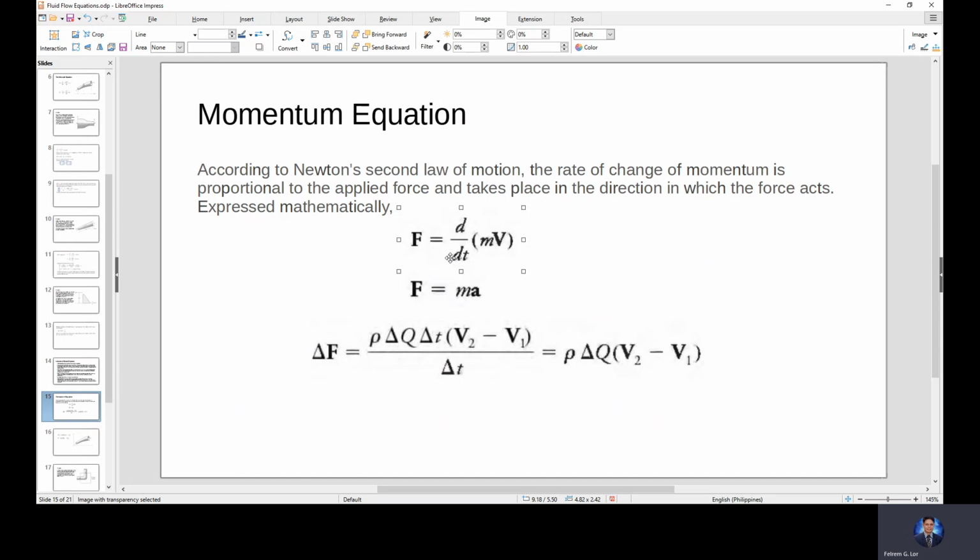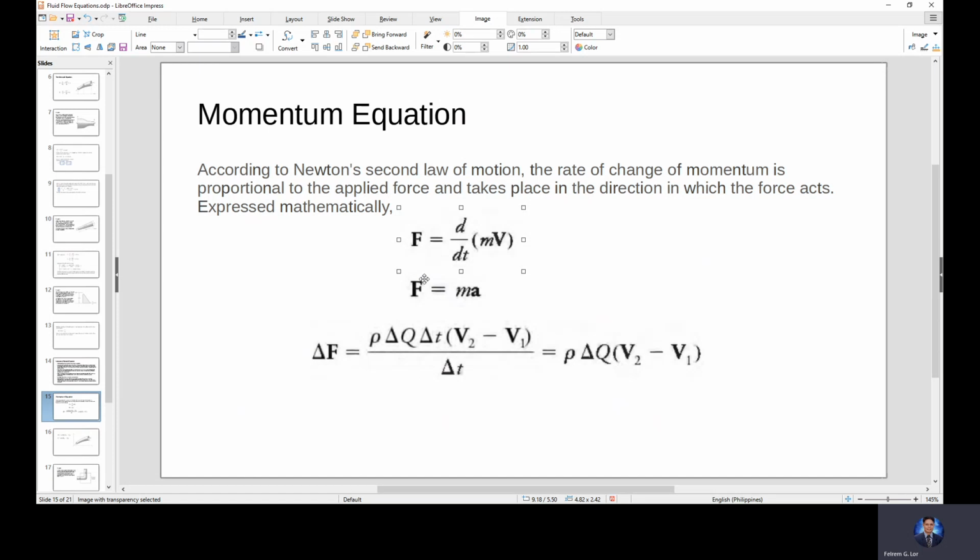In terms of volume or in terms of mass, it can be kilograms per second or liters per second. So the common is per unit of time. If we slice that unit of time into what we call delta t, a change of time, we can apply it.